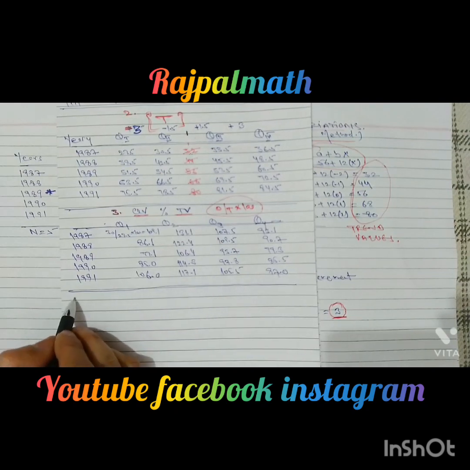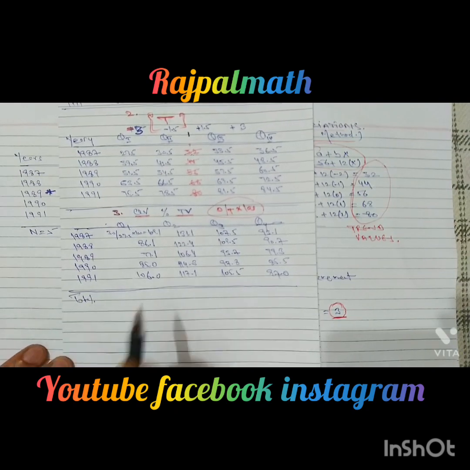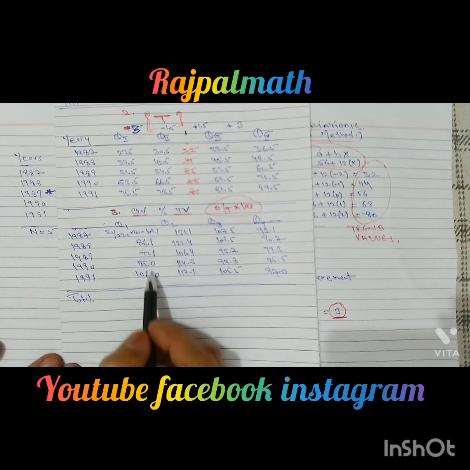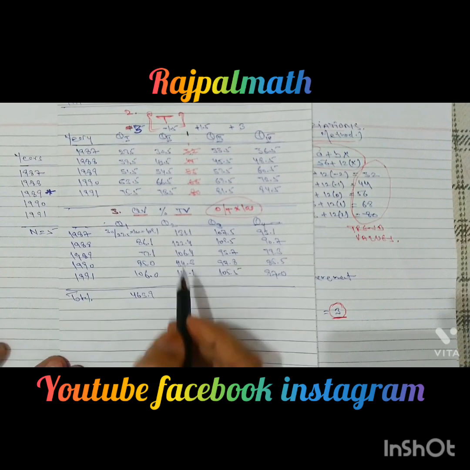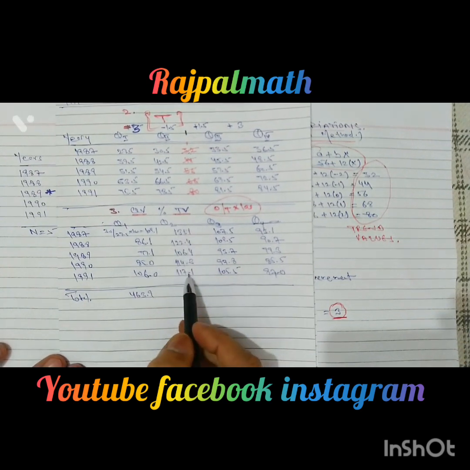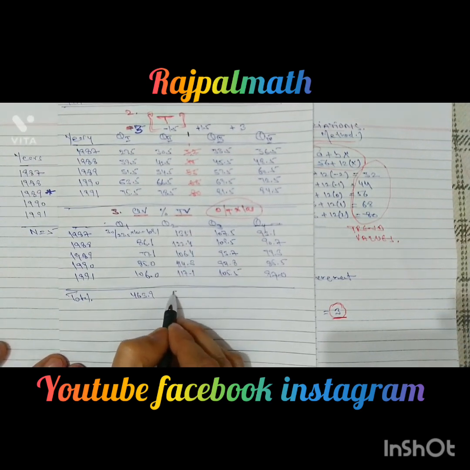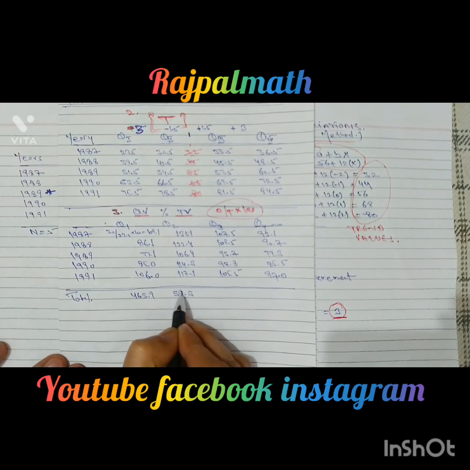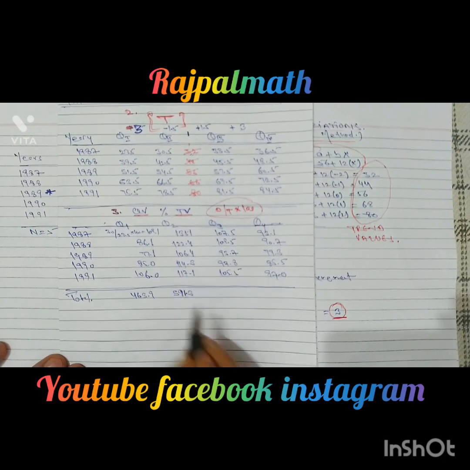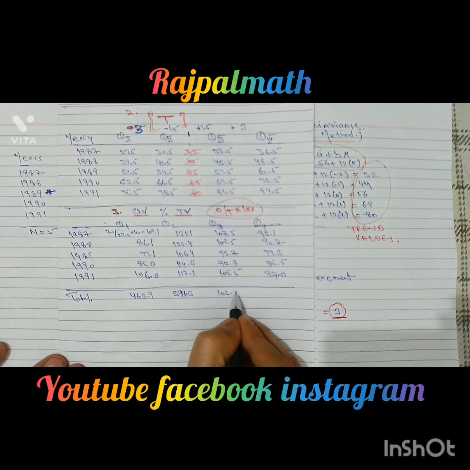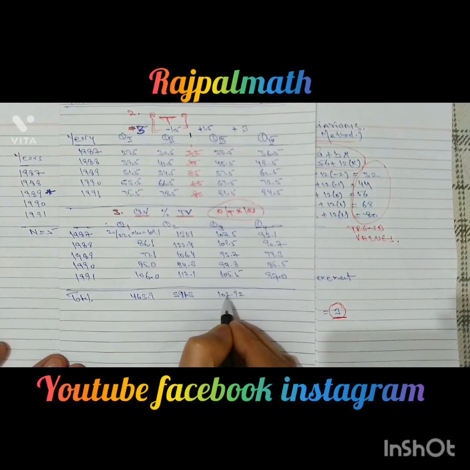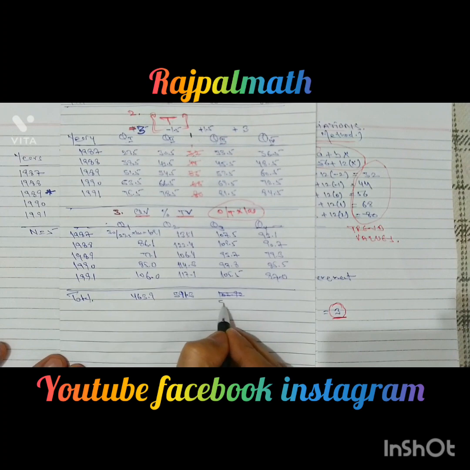Now find the totals. Total of these 5 terms is 463.9. Total of quarter 2 is 591.3. Total of the next is 514.6.